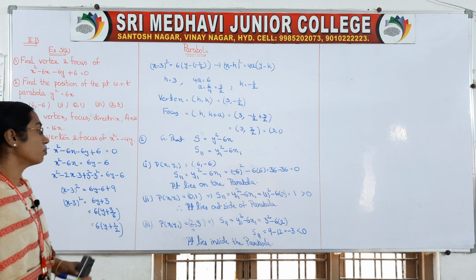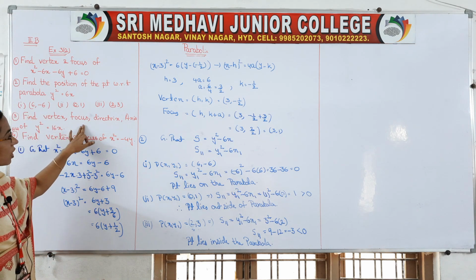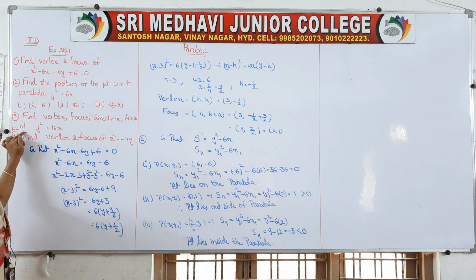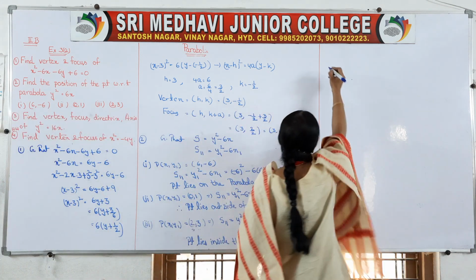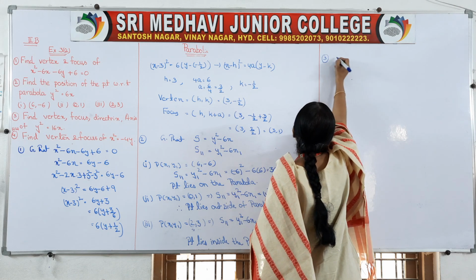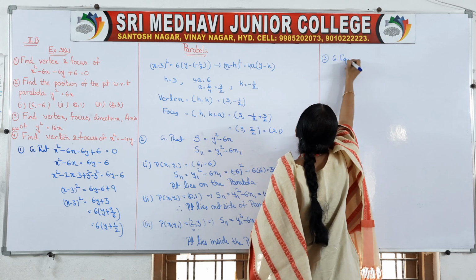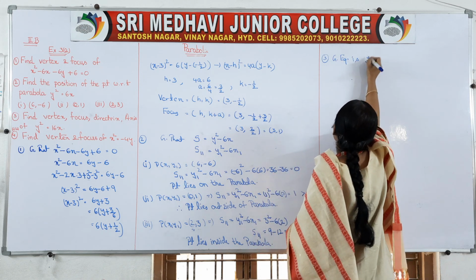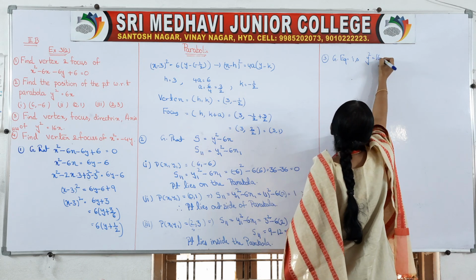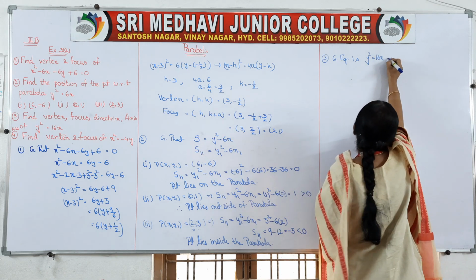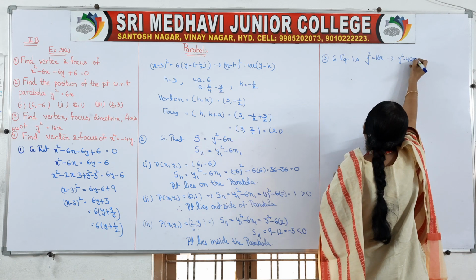Okay, now come to the next question. Find the vertex, focus, directrix and axis of y square is equal to 16x. So what is the given equation? y square is equal to 16x. Okay, so it is in the form of which form? y square is equal to 4ax.